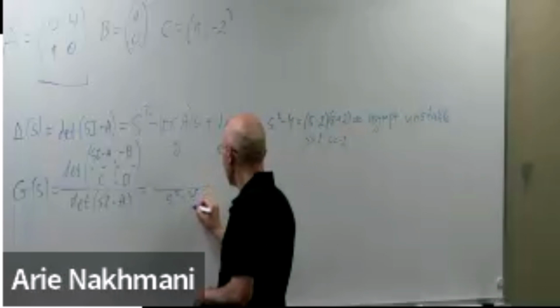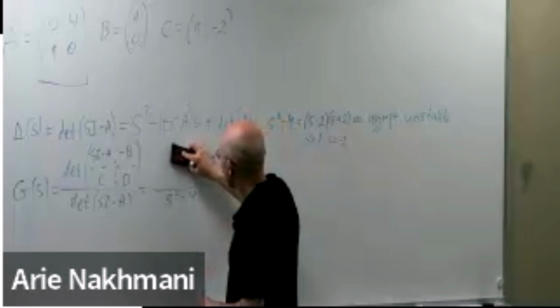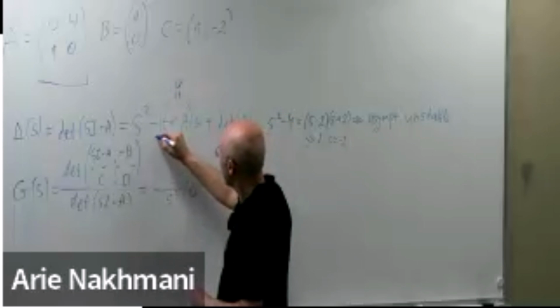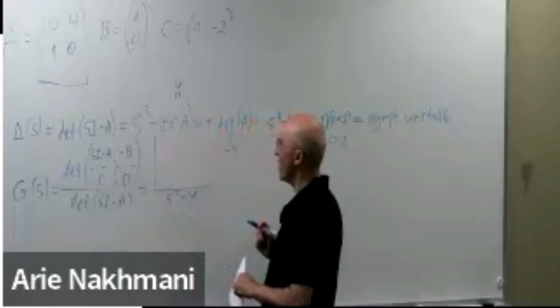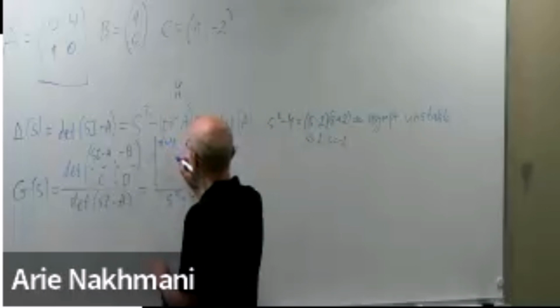Now I need to compute that. So this will be the determinant of sI minus A. That will look like s minus 4.